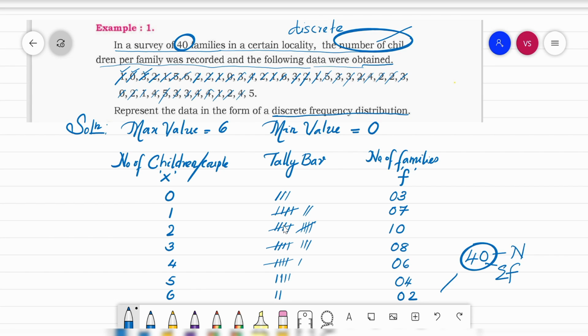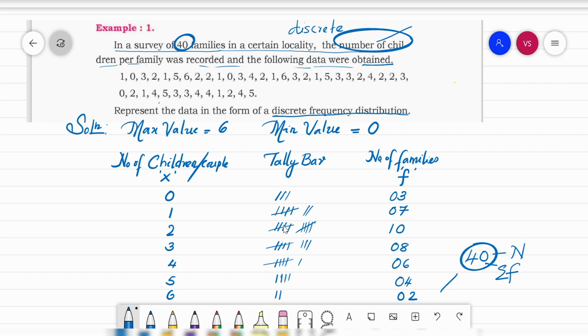Let's check whether 1 is written 7 times. We'll do one verification to see whether our tallies are right or wrong, taking only one value. Let's see 0.